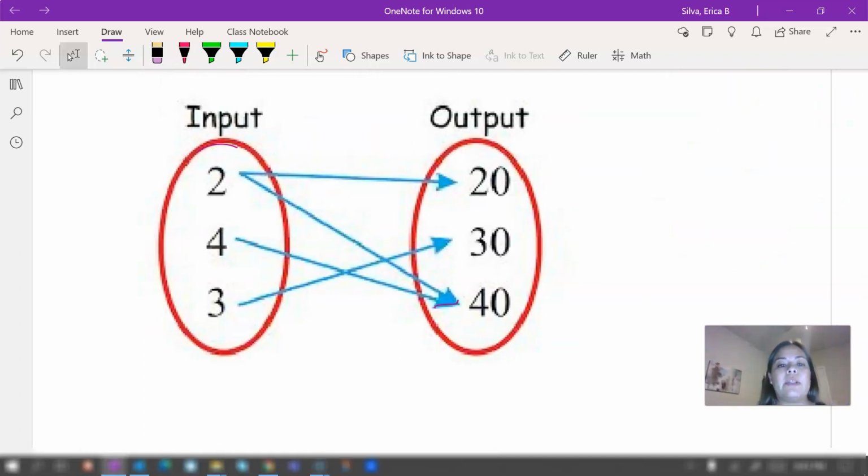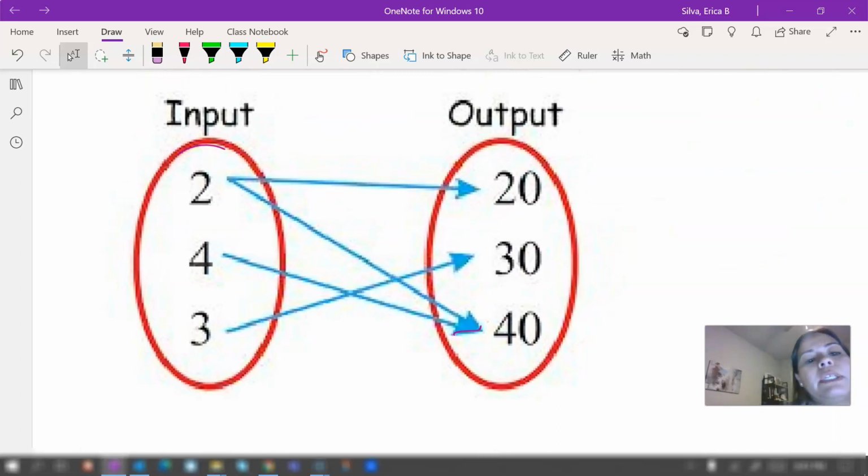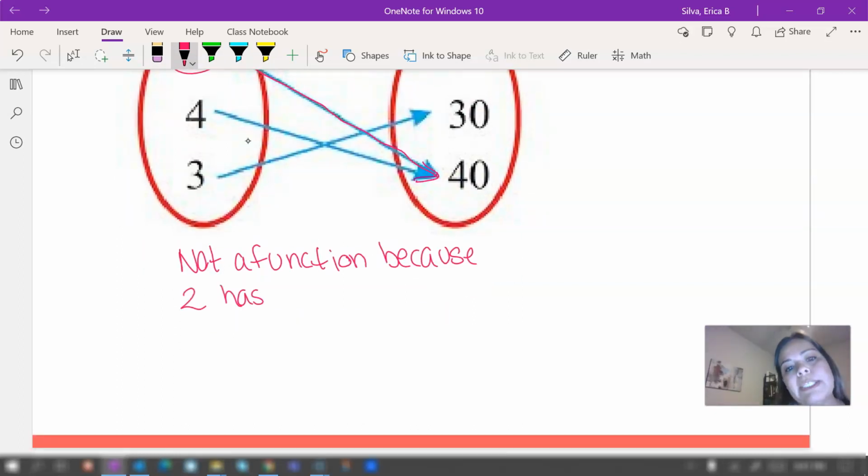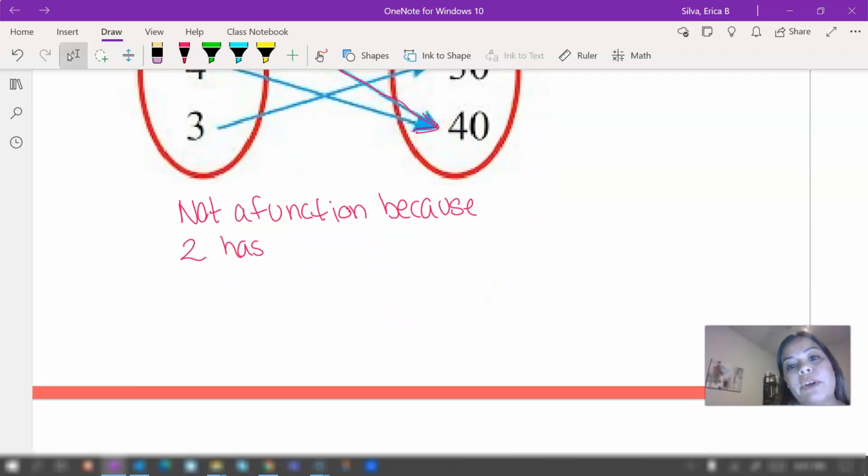All right, let's go ahead and look at this mapping diagram. Let's look at 2. 2 has 2 arrows coming out of it. It's mapping to 20, and it's also mapping to 40. So this one input has two outputs. Because this input has two outputs, it automatically makes it not a function. So this is not a function because 2 has 20 and 40 as the outputs.